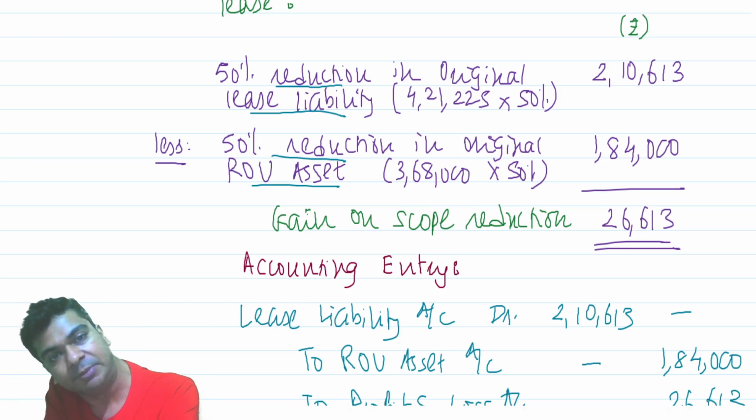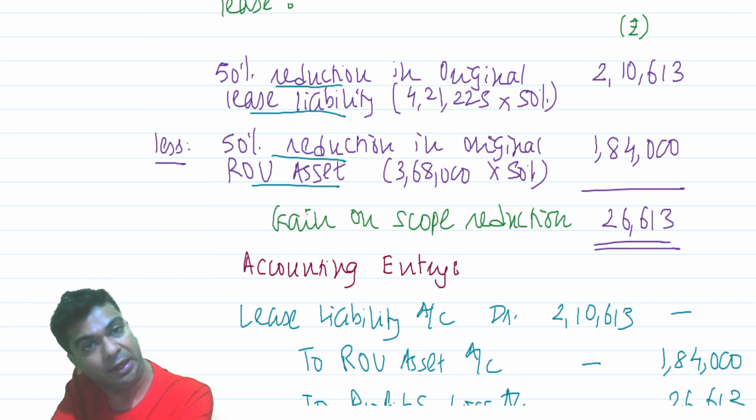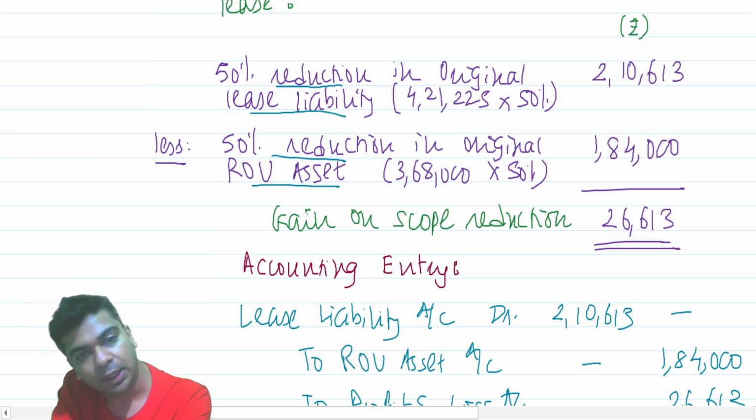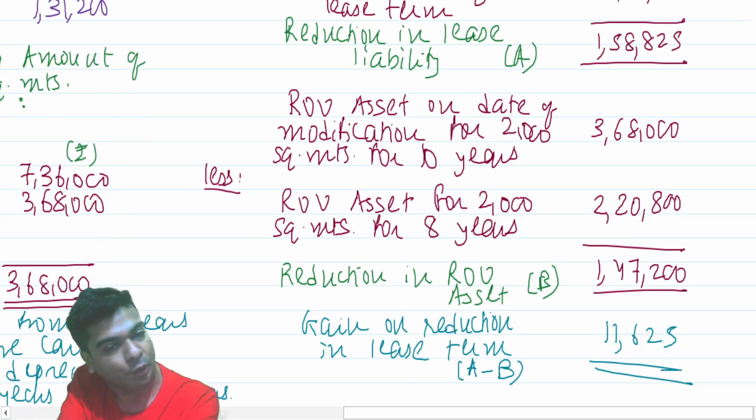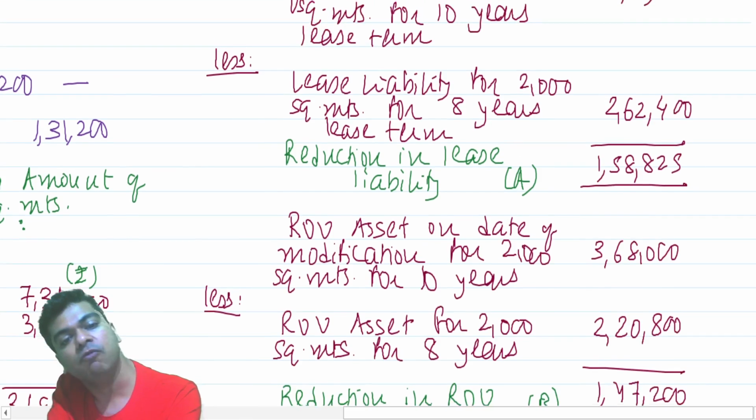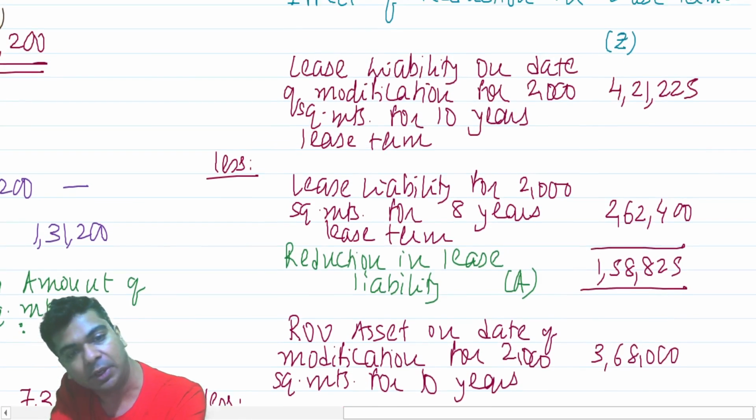So I multiplied by 50%, I get reduction in the lease liability straight away. In this question also I have done the same thing. Only thing is I have to do a working for reduction in the lease liability.